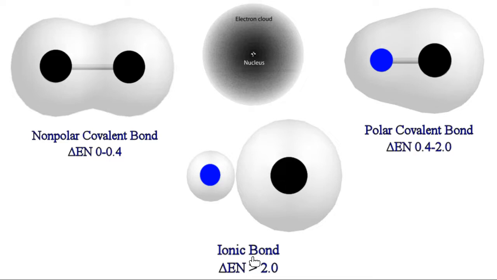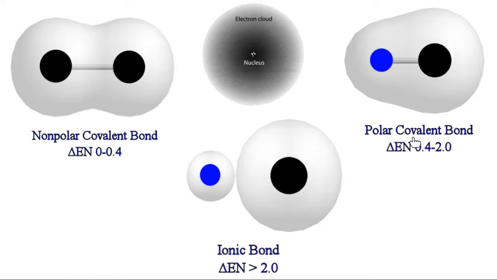When we have somewhat different electronegativities, I think that's the terminology from the homework, we form what's called a polar covalent bond.